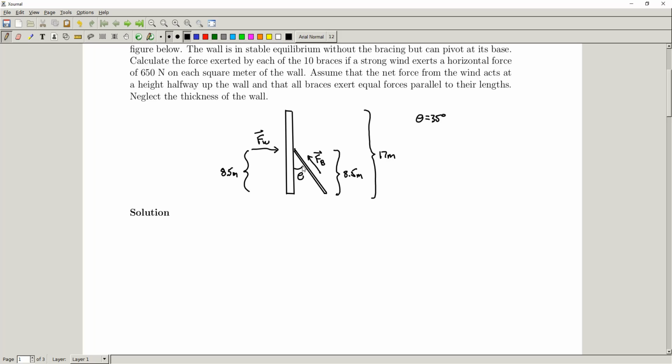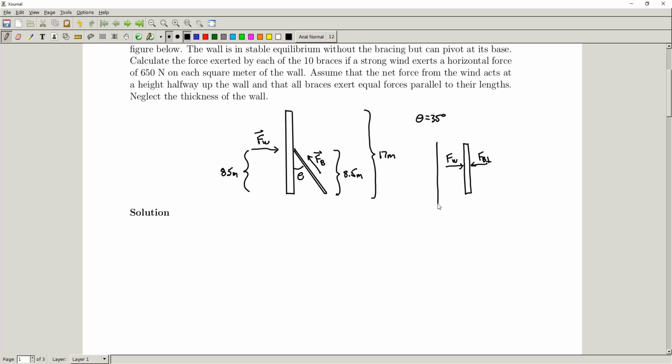So really, if we thought about this very simply, we could think about the wall. We just have the force of wind this way, and the force of the braces, but this is just the perpendicular part of the force of the braces pointing that way. So really all we need to do is balance those 2 forces. There will be no torque. We just need a 0 net force being applied to this wall, and we're pretty much all set to go.